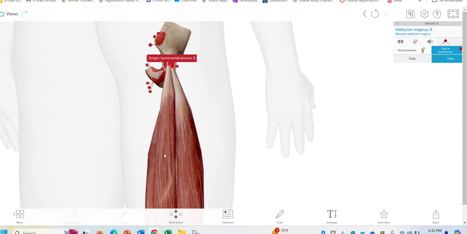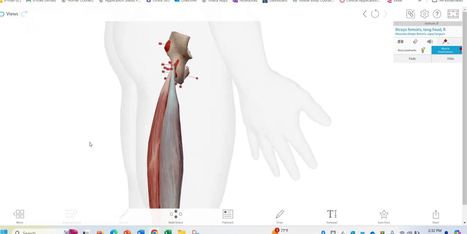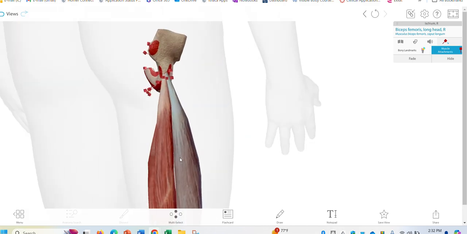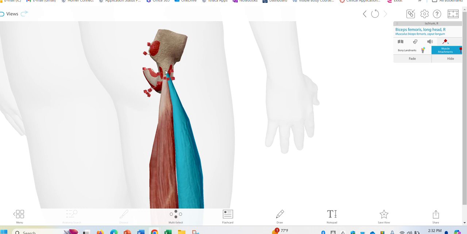So we have semimembranosus, semitendinosus, and biceps femoris long head. Okay? So those three hamstrings are going to be originating on the ischial tuberosity.